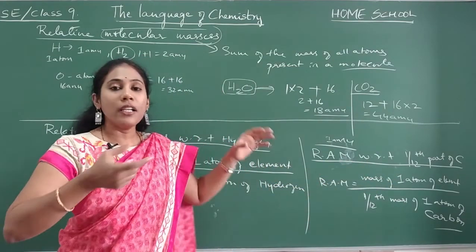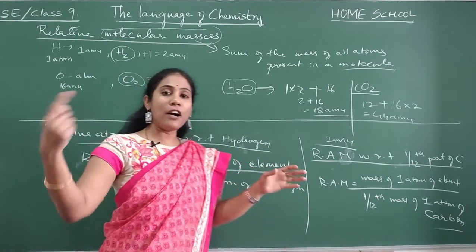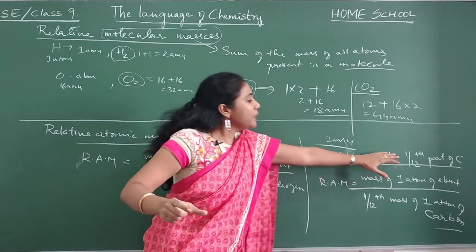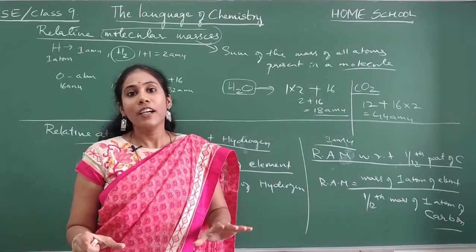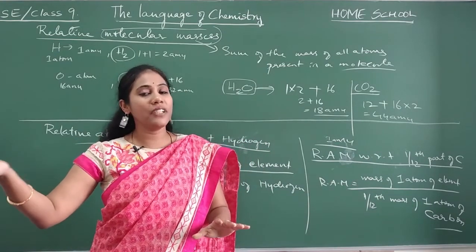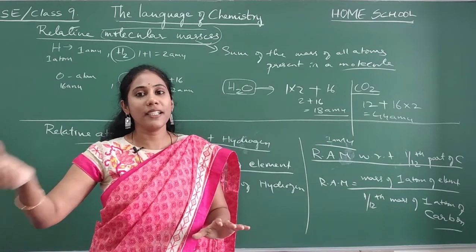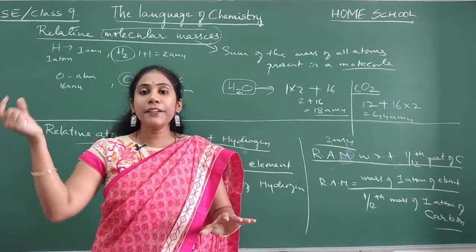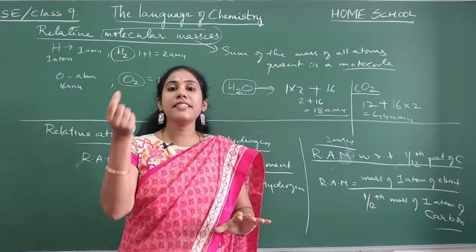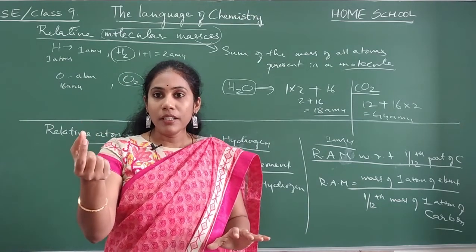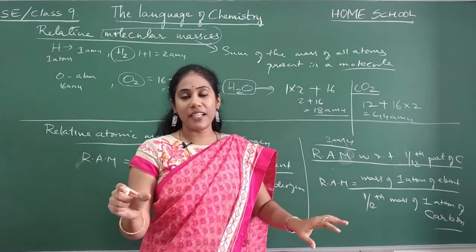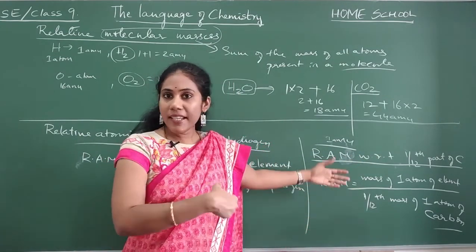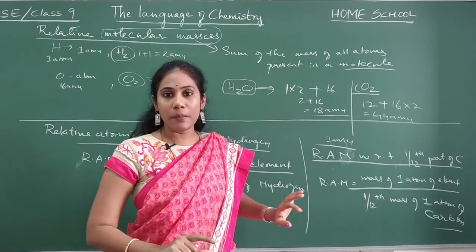In a similar way, molecular masses also can be found by taking 1 by 12th part of carbon as a reference. Clear? So that is the theoretical way of telling molecular mass. The theoretical definition: relative molecular mass is the mass of a molecule by taking carbon 12 as a reference, just like atomic masses.